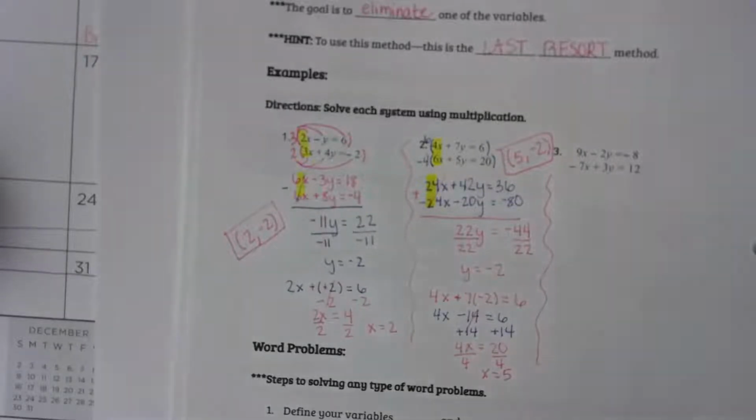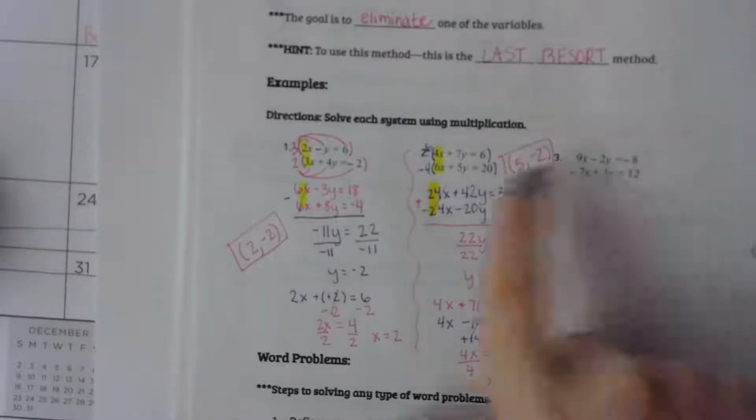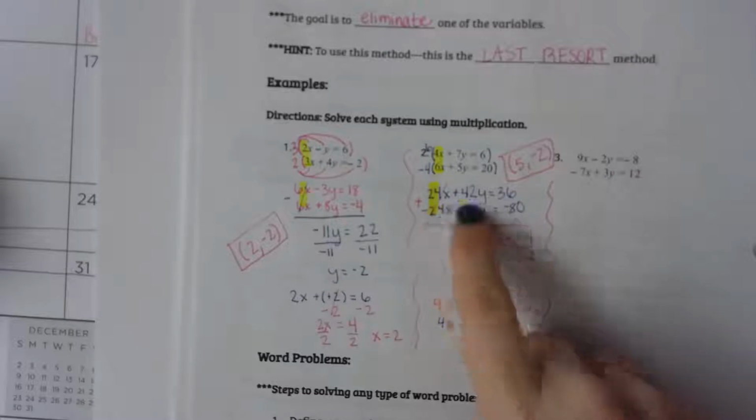Now for this last one, I'm going to show you again a different way how to do it. So here, 9 and 7 are just big numbers, and you're going to have some big numbers when you're multiplying, which is completely fine.